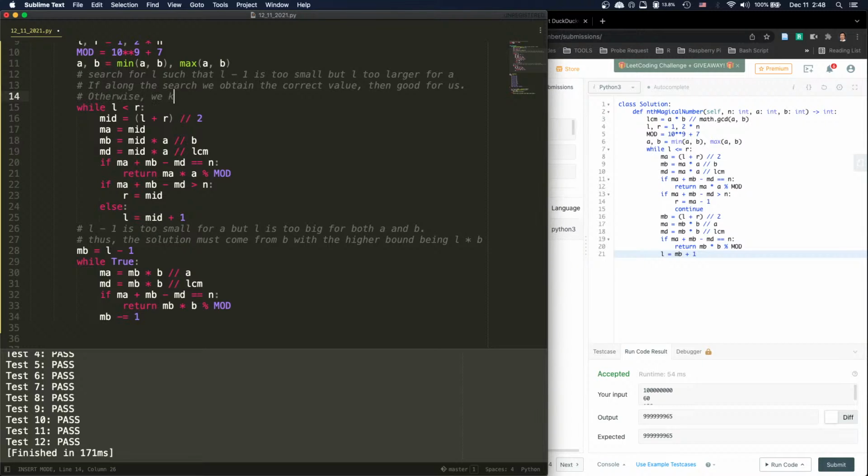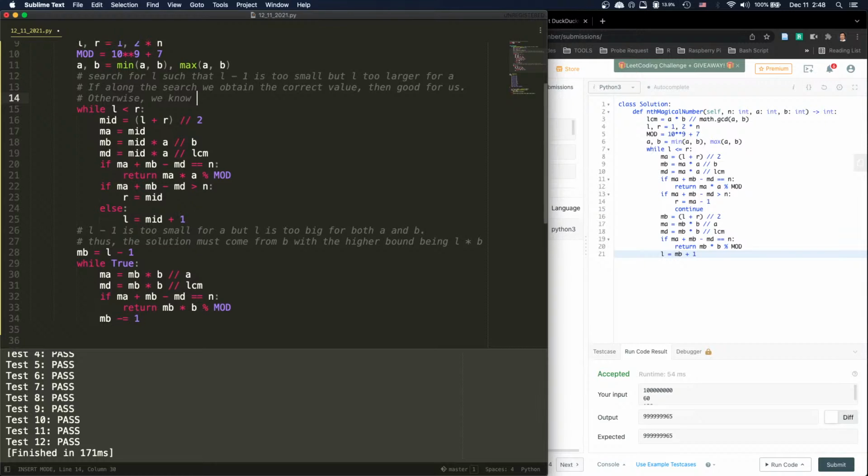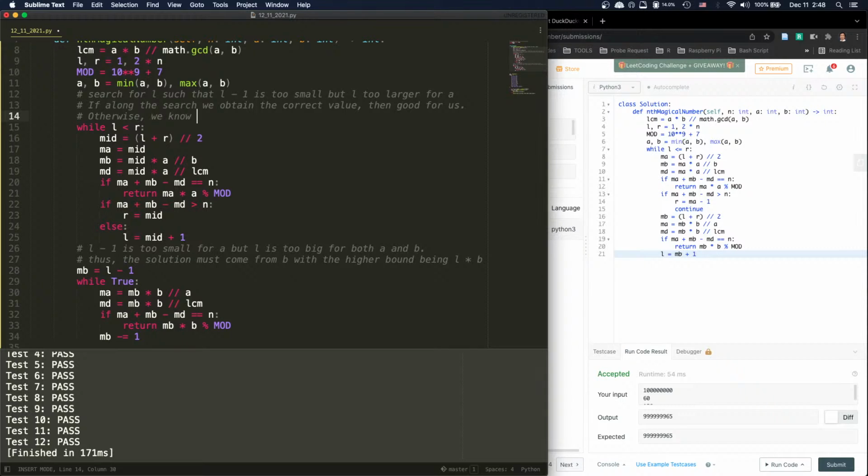Otherwise, we know that the value must be bigger than L minus 1 times A. Must be bigger than this.